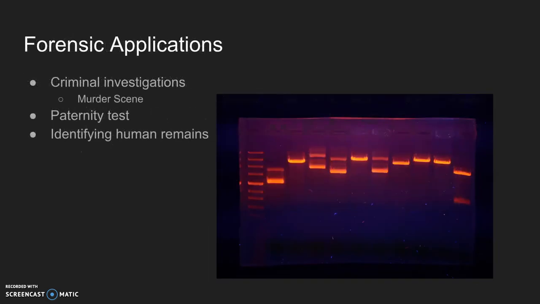PCR has made many forensic applications possible because we can now concentrate on a single DNA segment of interest rather than an entire sample. The segment of interest can be rapidly amplified to make hundreds of copies in a short amount of time that can then be run on multiple gels, increasing efficacy of criminal investigations, for example.